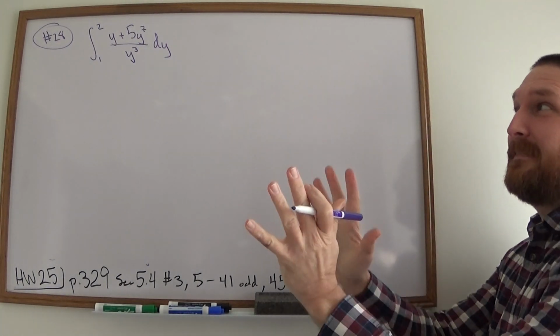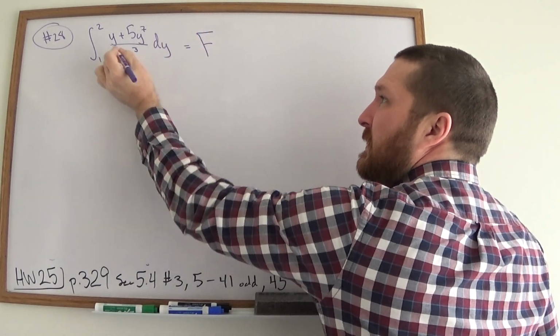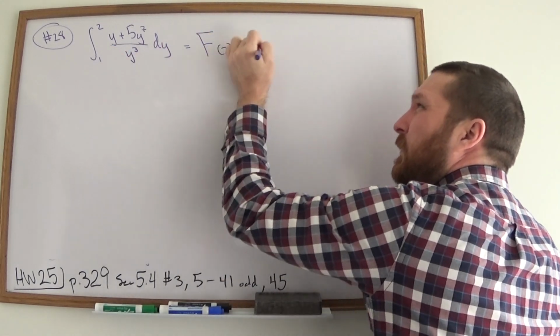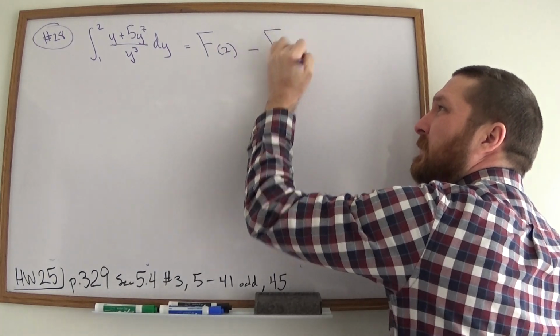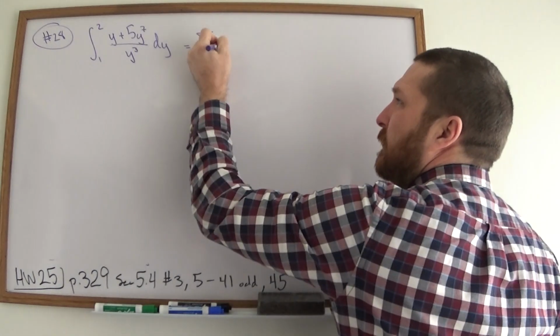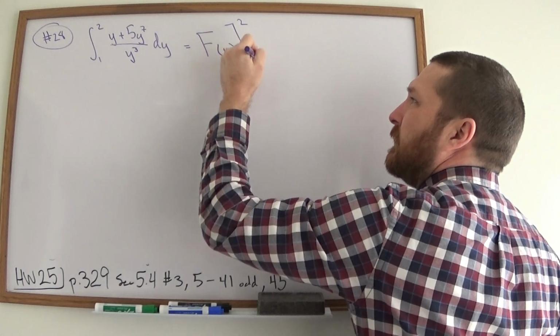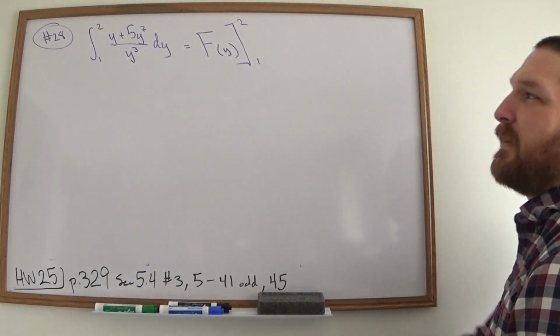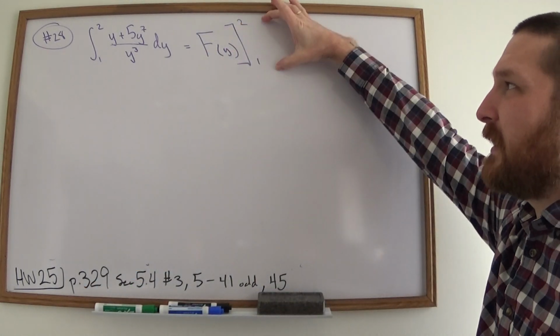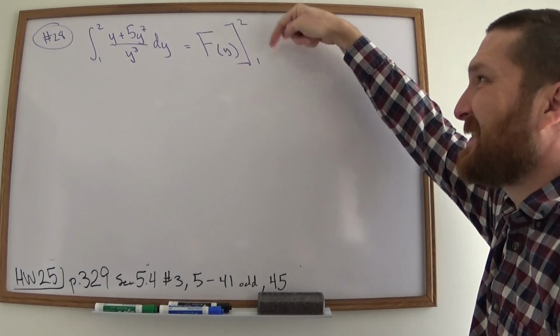The idea is if we can find its antiderivative, then we plug in a 2 and subtract off whatever it is at 1. I like to find the antiderivative and then write it like that so that I don't forget I still have more work to do, and those are the numbers I'm plugging in.